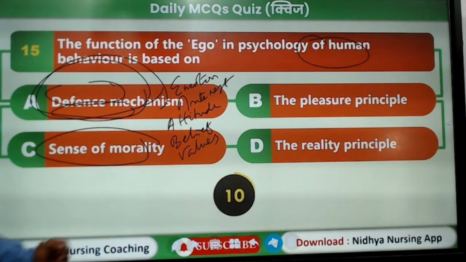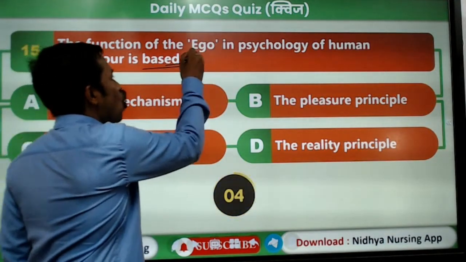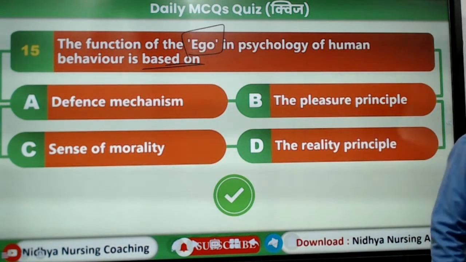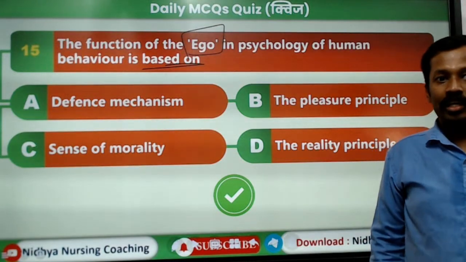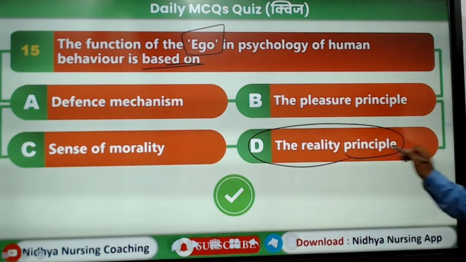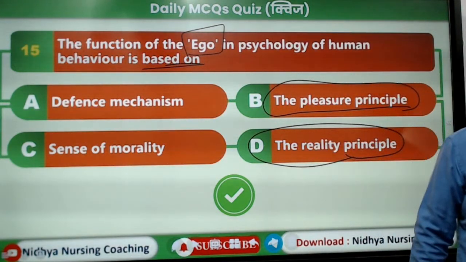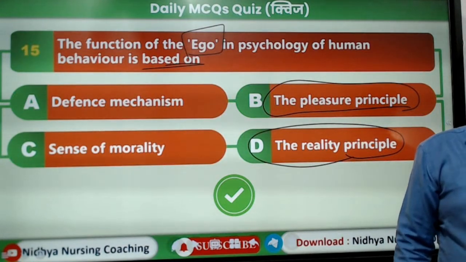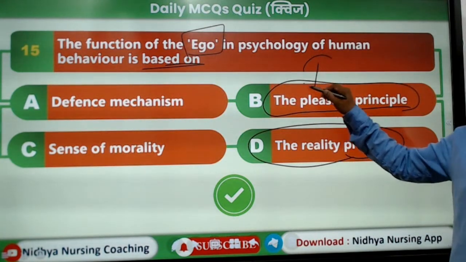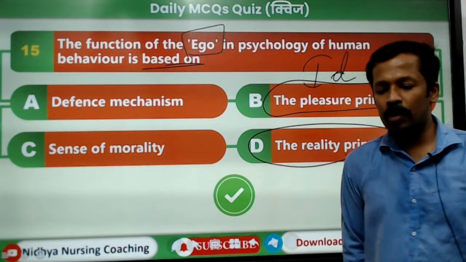The function of the ego in psychology: human behavior is based on ego. Is it reality? Is it pleasure? Reality, so the reality principle. What is the principle of pleasure? Principle of pleasure is id.